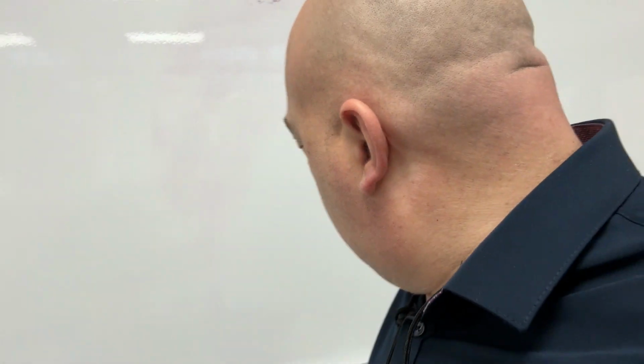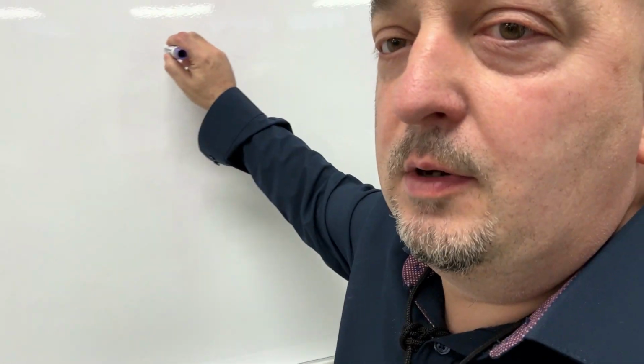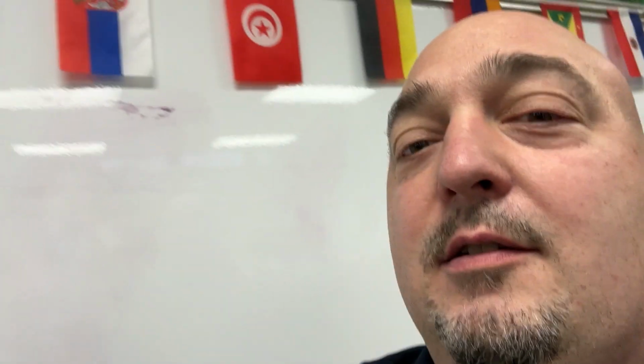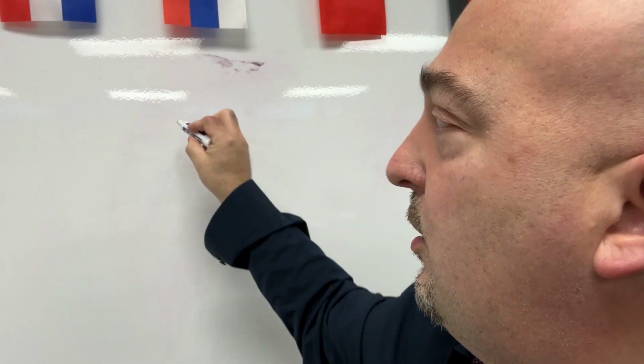So this lab does, in a way, very much deal with pore size and porosity, which are different. Pores are the holes in the soil, and I'm just going to draw.